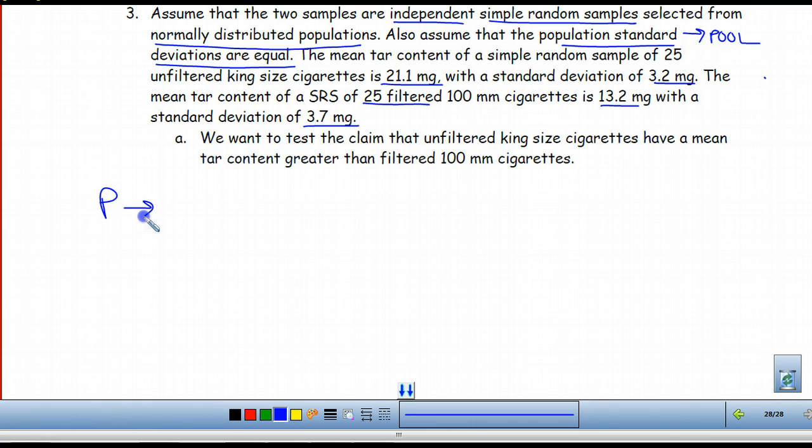RP. And so I have two things. I have the mu, the true mean for the unfiltered, and then I have the true mean for the filtered. So here's my unfiltered king size cigarettes.